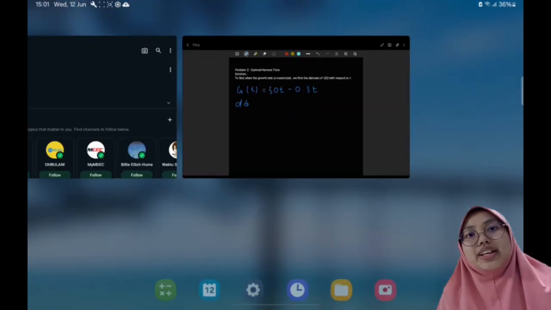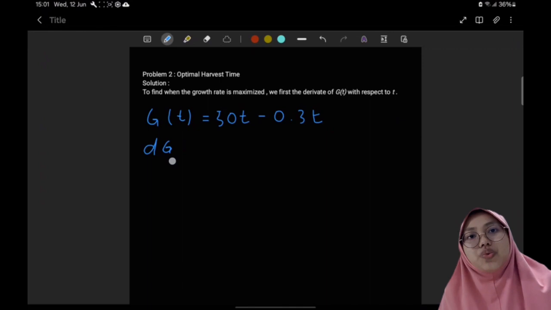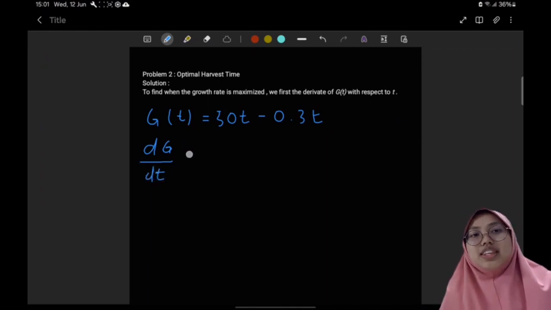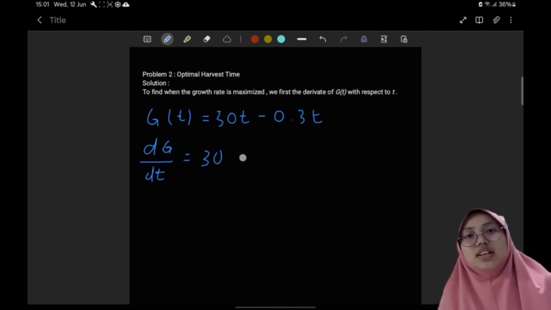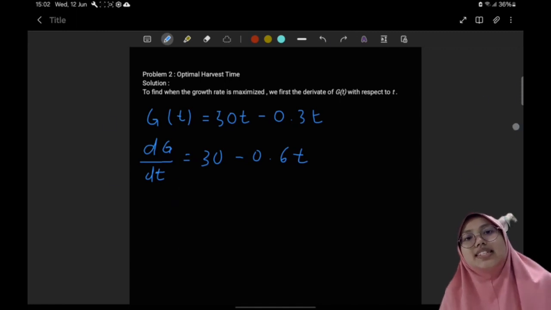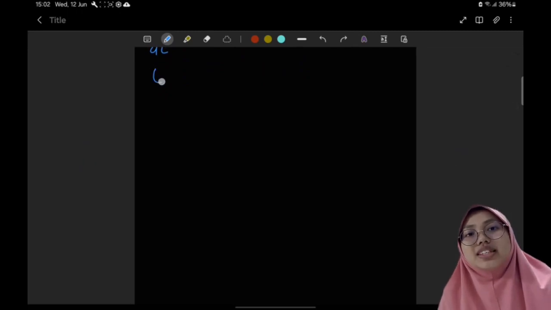To find when the growth rate is maximized, we first find the derivative of g(t) with respect to t. g(t) equals 30t minus 0.3t to the power of 2. The derivative is dg per dt equals 30 minus 0.6t.